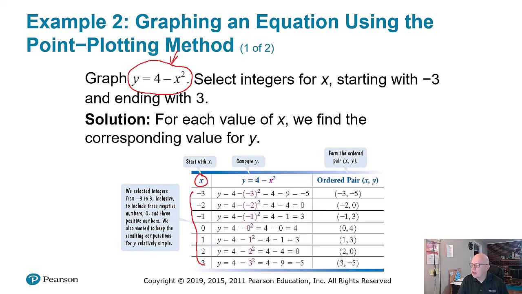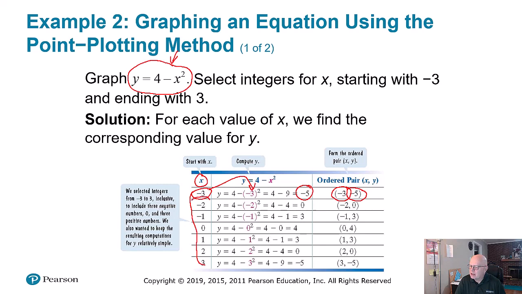Just put the x value in where the x is in your equation and see what you get. There's your -3 you had for x, and -5 is what the equation told you was the corresponding y value for that point.